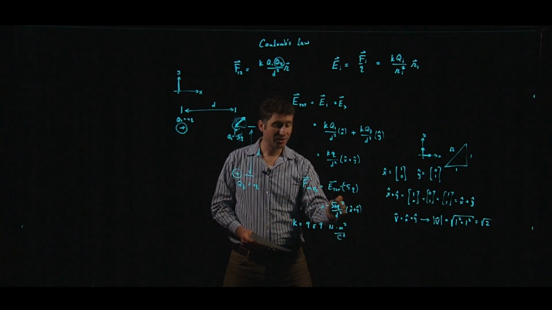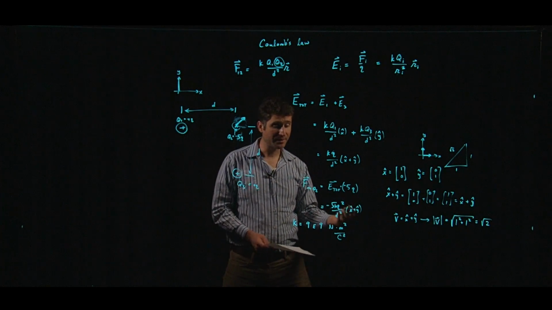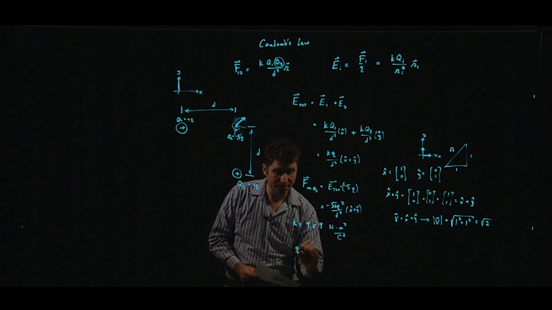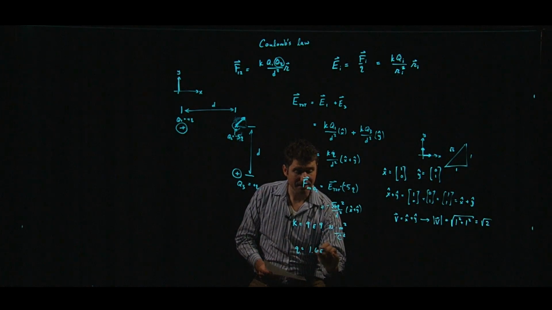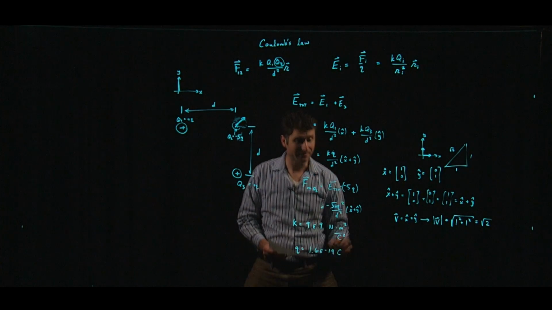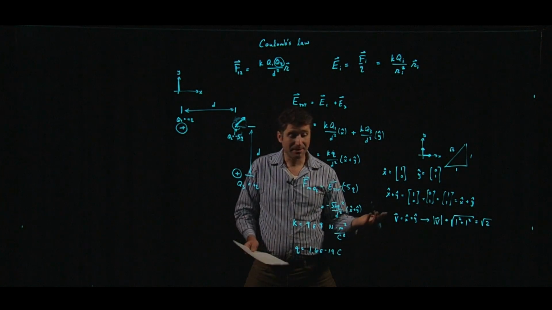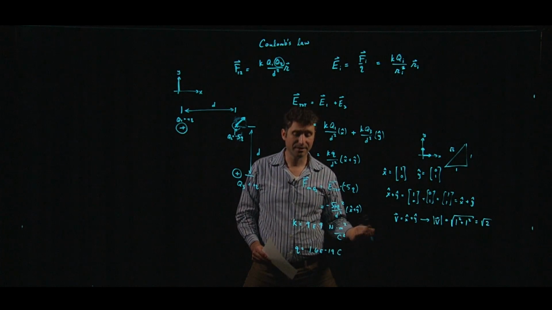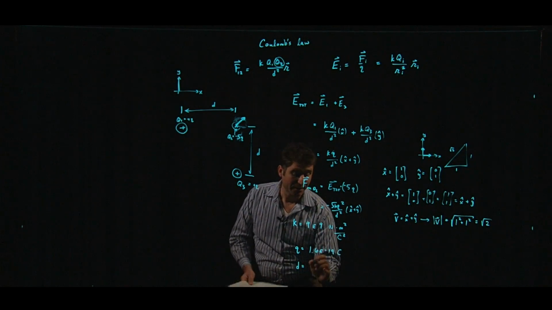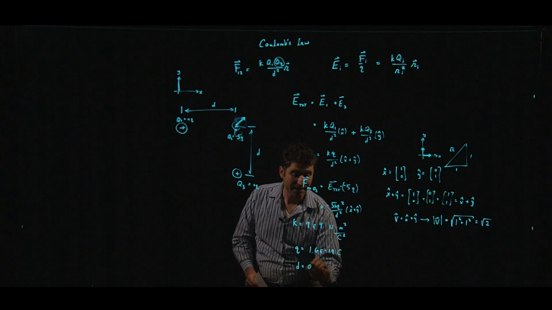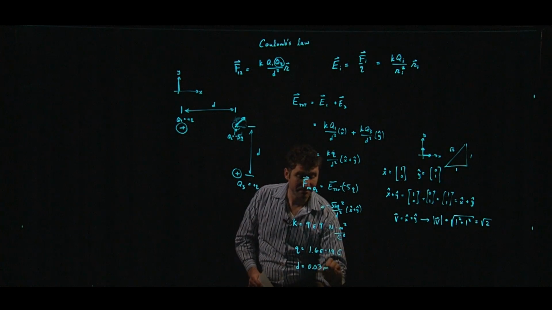And the charge is usually given in coulombs. For example, the charge of 1 proton would be equal to 1.6 times 10 to the minus 19 coulombs. And the distance might be given in centimeters, but we need to convert into SI units. So, for example, if we had a distance of 3 centimeters, then we'd have to say 0.03 meters.